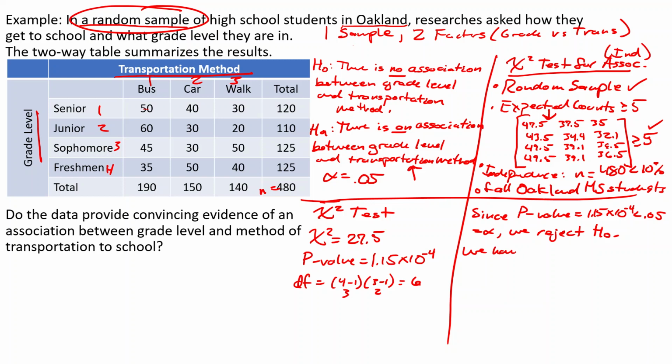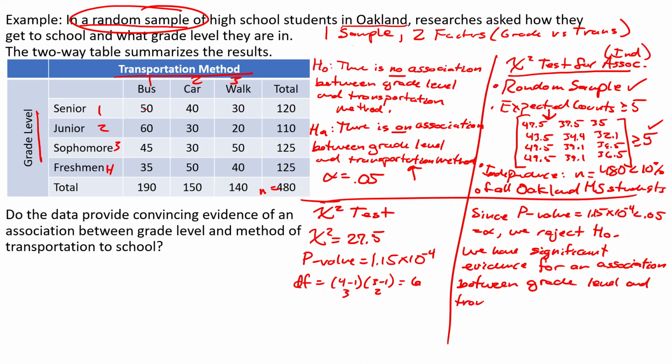So we have significant evidence that there is an association between grade level and transportation method. I suppose you could say transportation method to school, or how you get to school, something like that. Any of those will work.